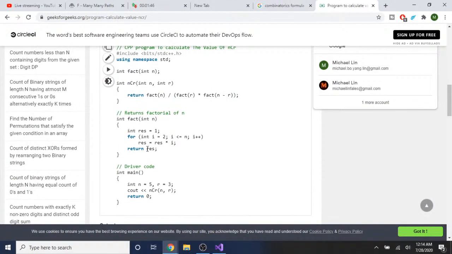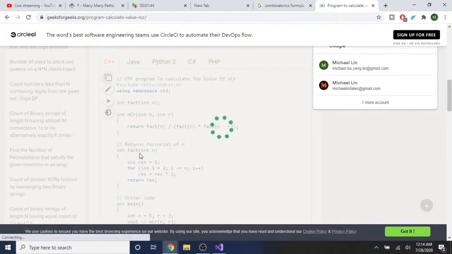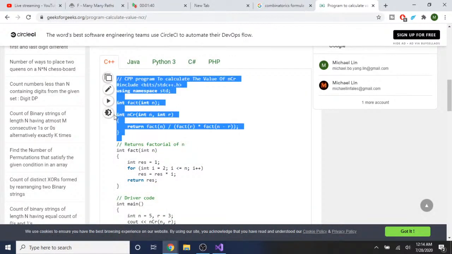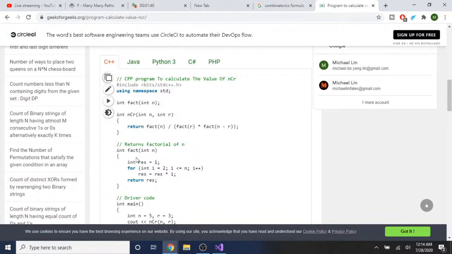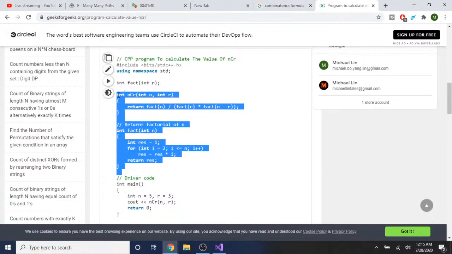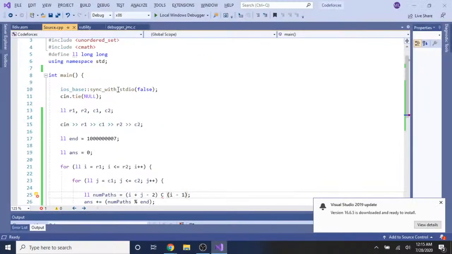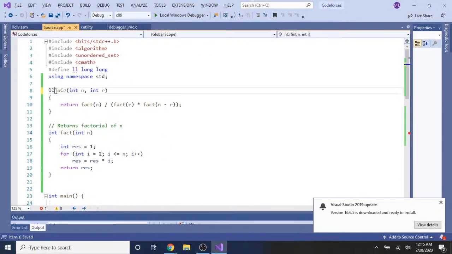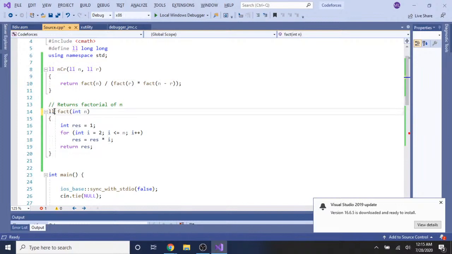Okay, yeah. So let's copy this solution, nCr, and do a factorial of this. We'll take both of these, and let's make these long to make the range larger.